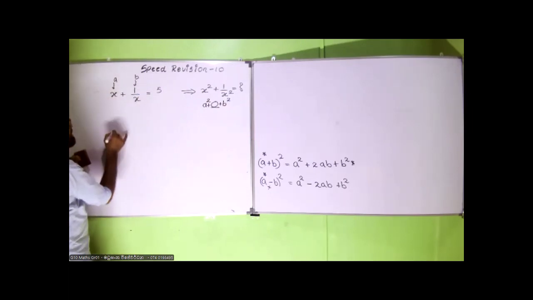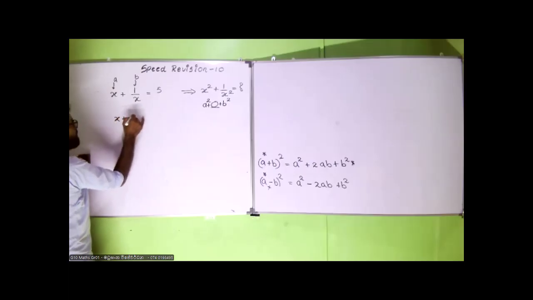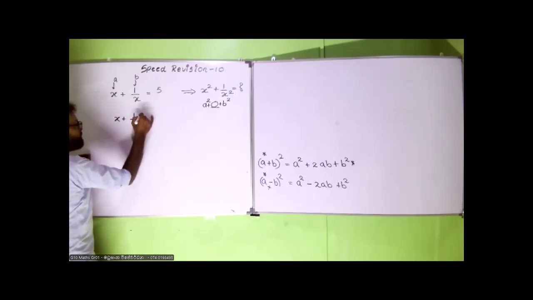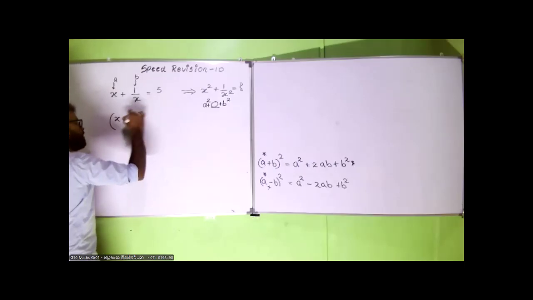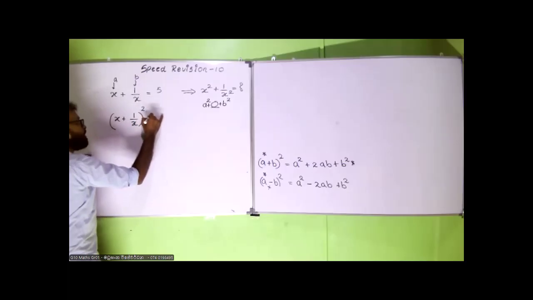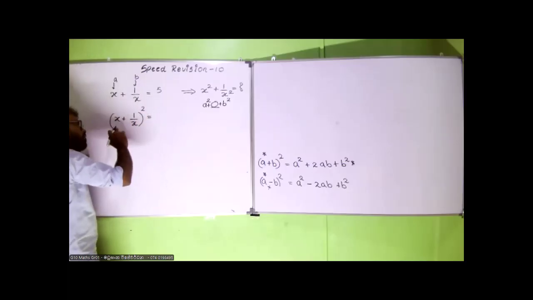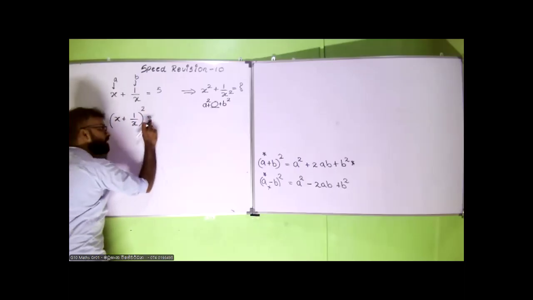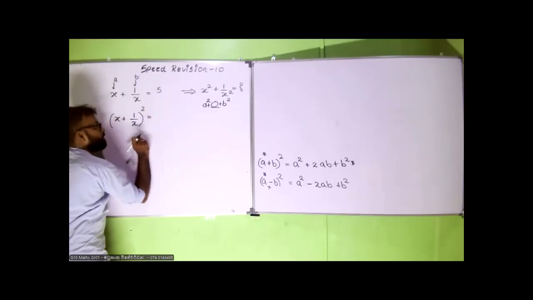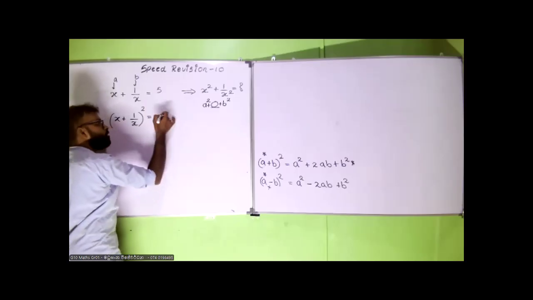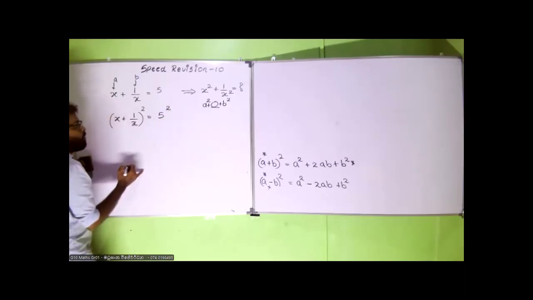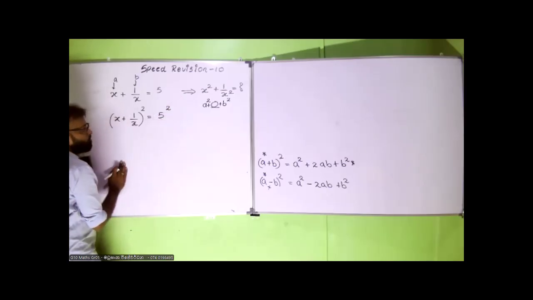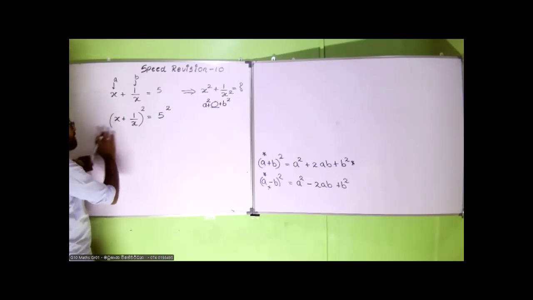So very basically, what I am going to do is x plus 1 upon x to the power 2, getting the square of the left hand side of this equal mark, and you do the same thing to your right hand side as well: 5 to the power 2. Right. Okay.